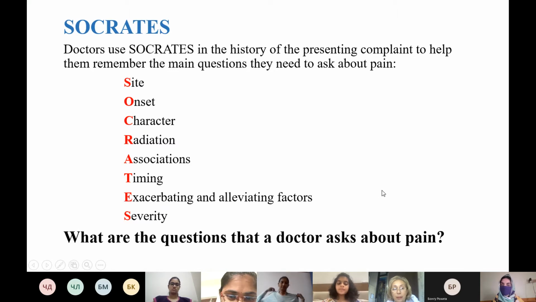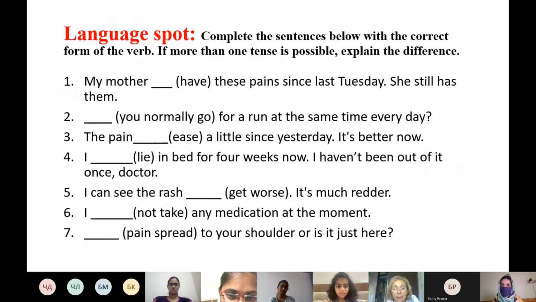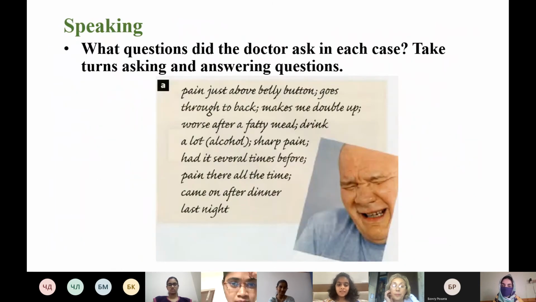Okay, so what is the character of the pain? Like, what kind of pain is it? It's a sharp pain. Okay, and what about its radiation? Like, is it linked to any other parts of your body? It goes through my back and makes me want to double up. Okay. What stands for A? Who remembers? Who can help us?